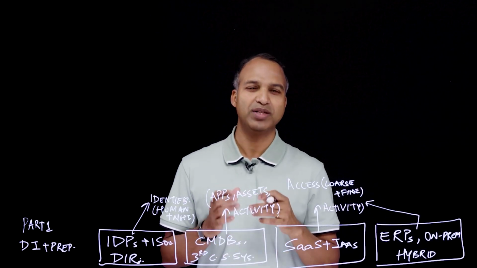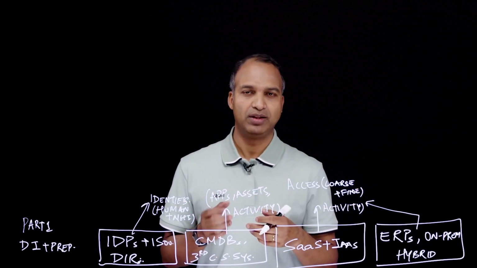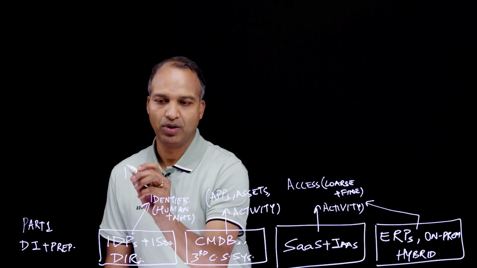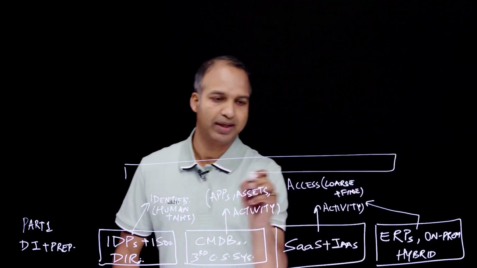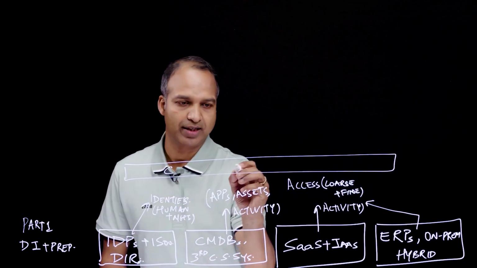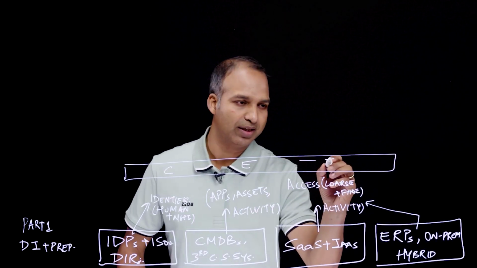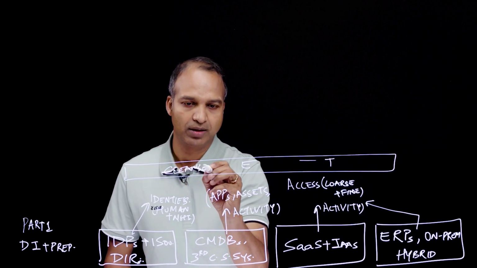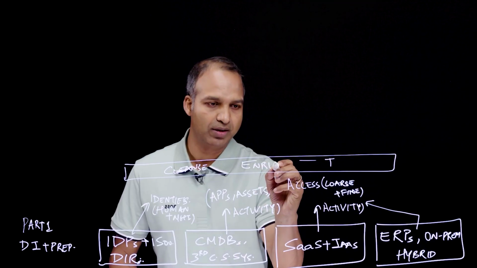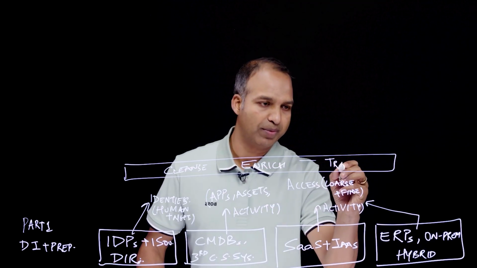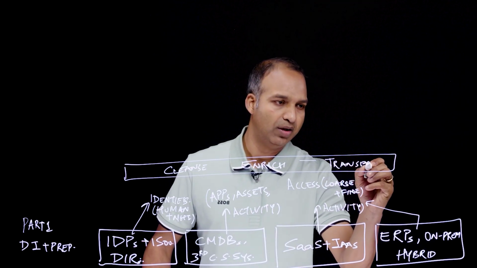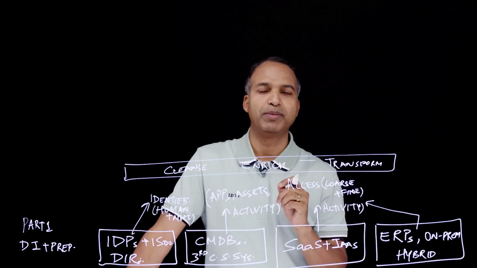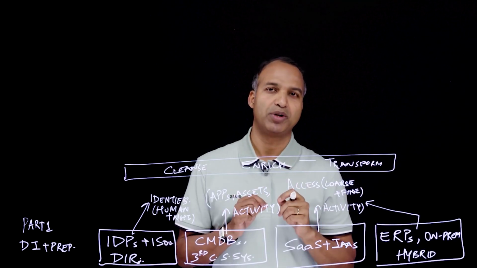Now, once we have ingested this data, then comes the second step of preparing that data, which stands for C, E, and T: cleansing, enriching, and transforming this data. You might be wondering why this step is important.